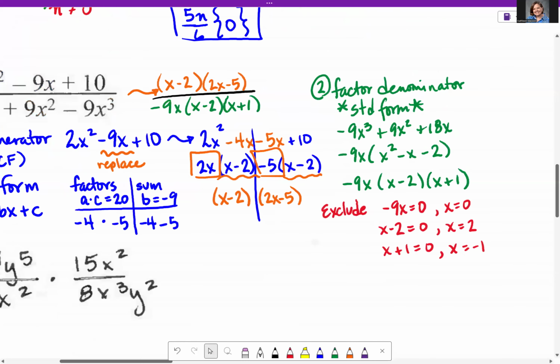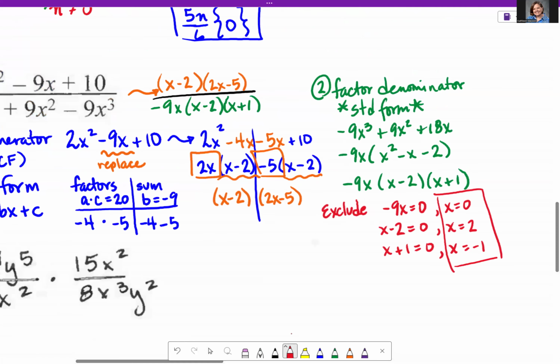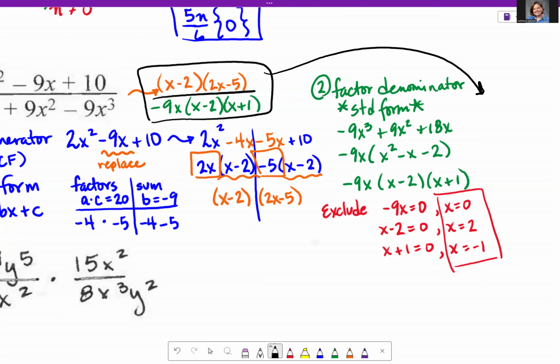Okay, so now I know what to exclude from my solutions, and I will rearrange this factored fraction over here where I have more space. I'll stack up the matching factors so that I can write this with as many ones as possible.